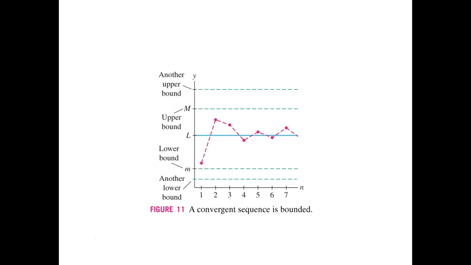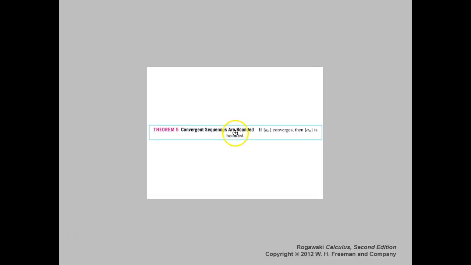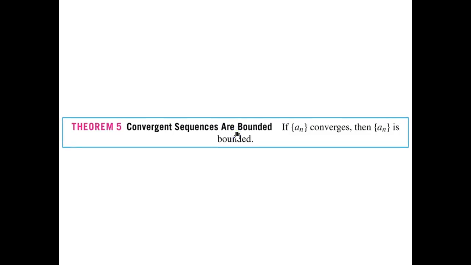And that actually is the next theorem. Convergent sequences are bounded. If a sub n converges, then a sub n, by definition, if it converges, is bounded, above and below.